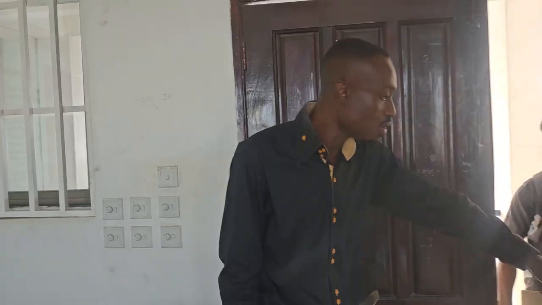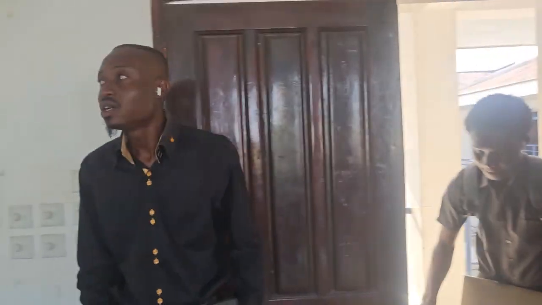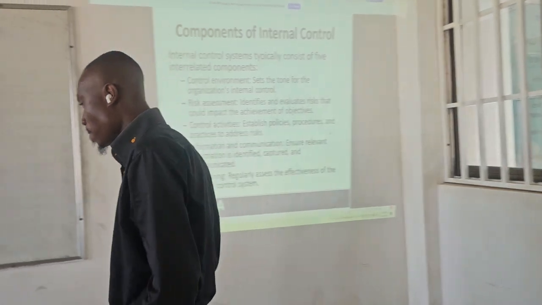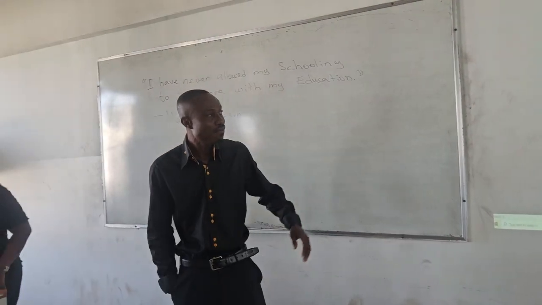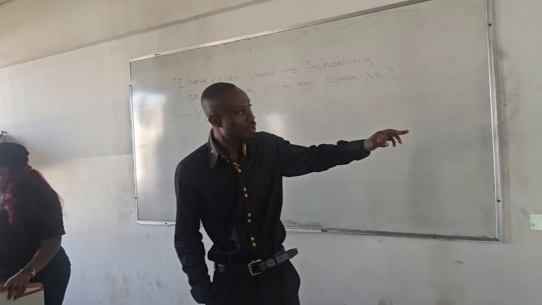Internal control systems. We are looking at the components. What are the components of internal control systems? We have 5, right? 1, 2, 3, 4, 5.